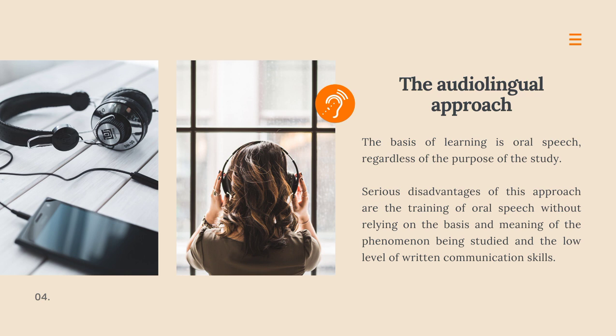The founders of the audiolingual approach believed that the best way to learn a foreign language is imitation, repetition, and creation by analogy. Serious disadvantages of this approach are the training of oral speech without relying on the basis and meaning of the phenomenon being studied, and the low level of written communication skills.